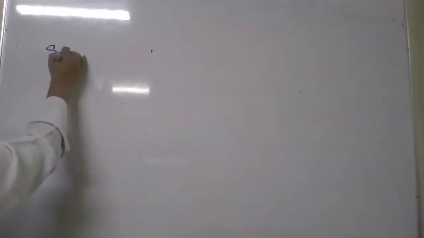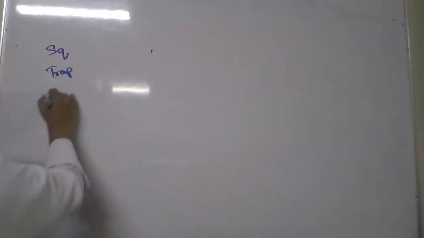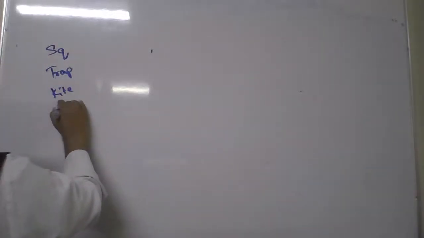So tell me, in this square, trapezium, kite and rhombus, which is always a parallelogram? I need answers. Whoever is there, make it fast. Okay, options I'll write. Square, trapezium and kite, rhombus.